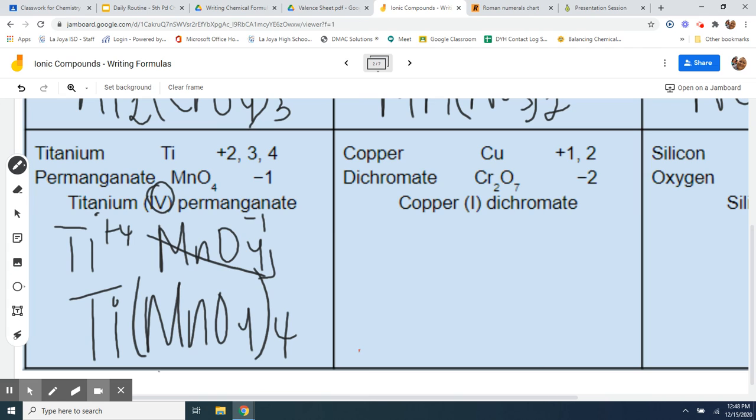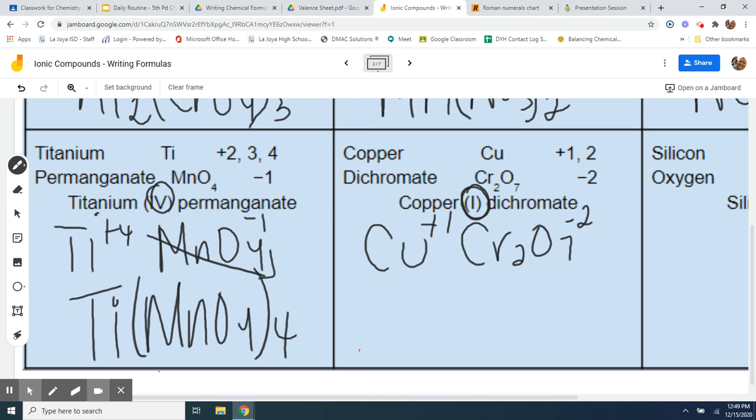Okay, Mario, Yoselin. Yoselin, are you there? So copper, my Roman number says it's a plus 1. Cu plus 1 dichromate. Yoselin, do they cancel out?